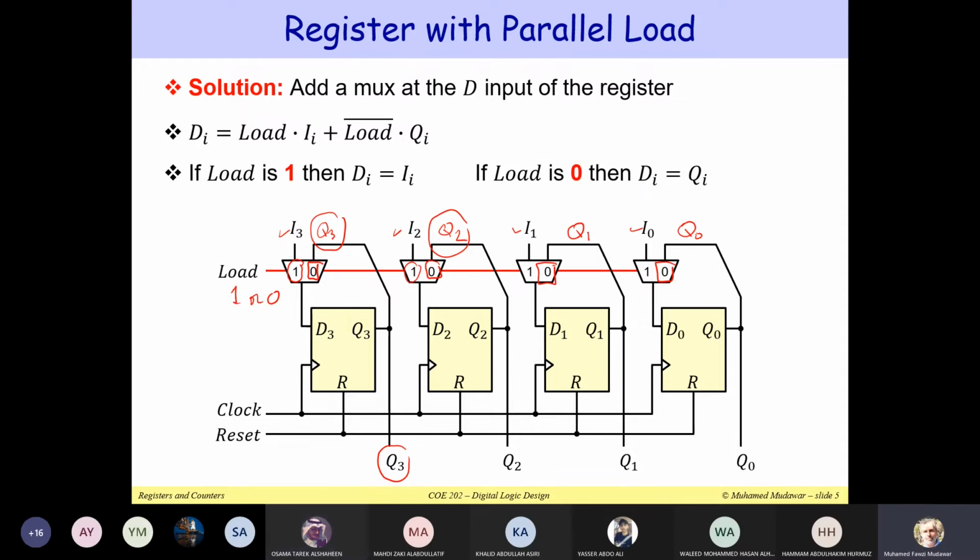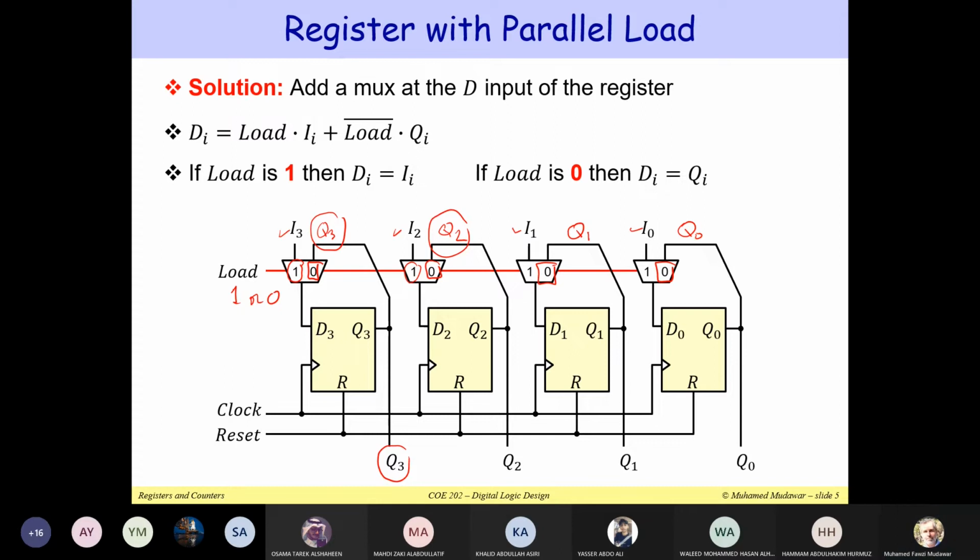Sometimes you don't want to change the output of a register, and sometimes you would like to change it. So this load can control whether to change the output Q or not. If load is equal to 0, you are feeding the Q output back to the D input, and this will not change anything. We are keeping the value Q unchanged in the next cycle. That's really the trick.